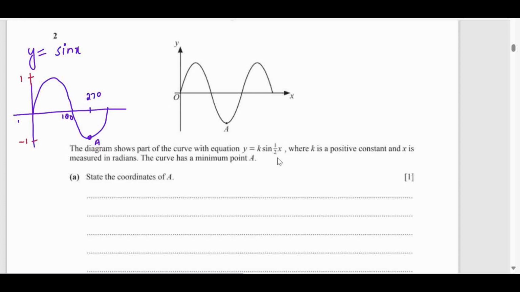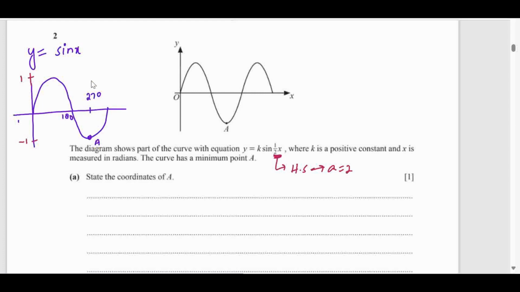Now for this case, we can clearly see that this 1 by 2x shows that there is a horizontal stretch. So horizontal stretch of 2. Let me write it over here. Horizontal stretch of 2, and the stretch factor is 2, which means that we have to multiply by 2 to stretch it further.